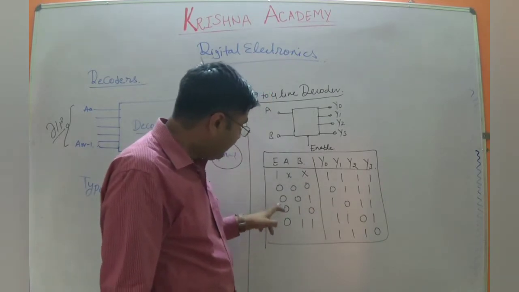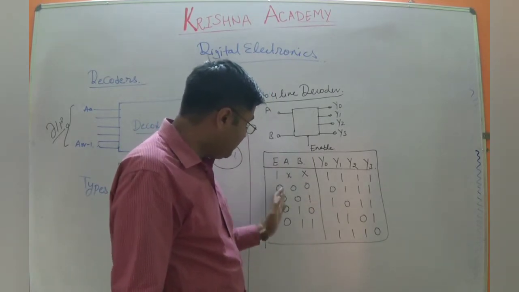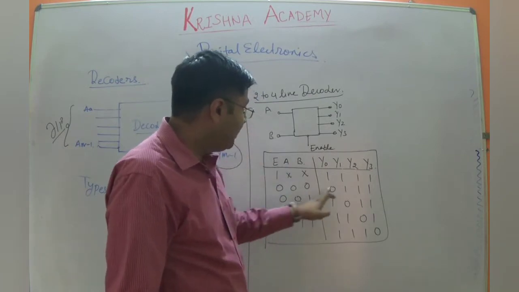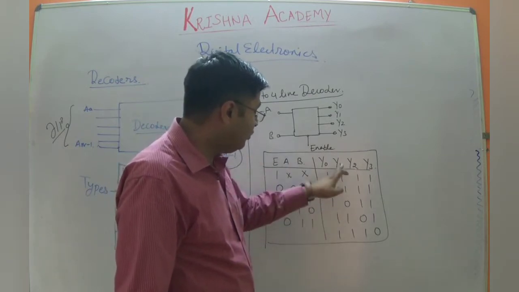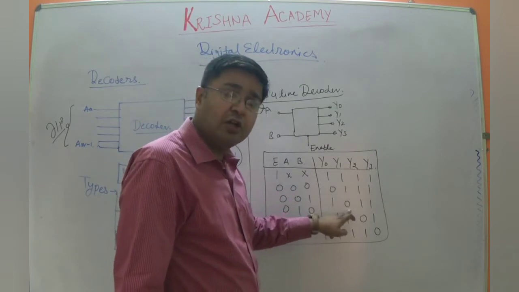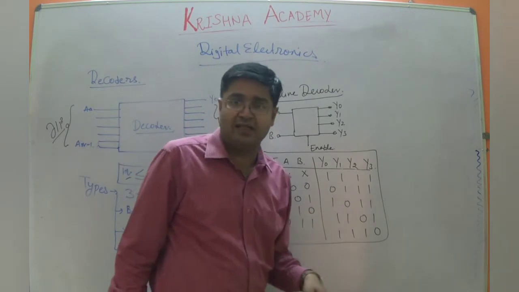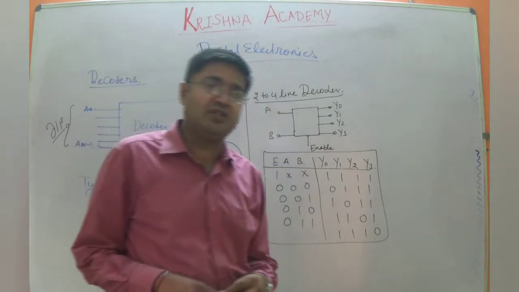Same with the other one, when E is 0 and AB is 01, the second output will be logical 0, and all others will have logical highs. So this is how you can construct the circuit.